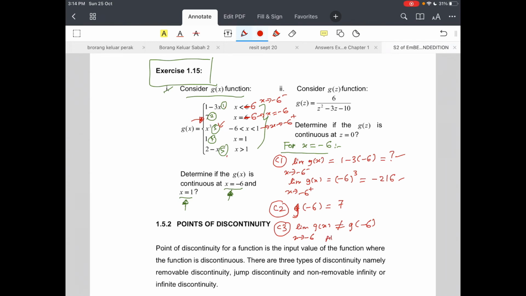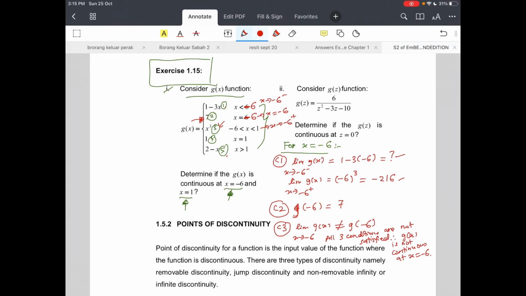Therefore we can say all three conditions are not satisfied. Therefore g(x) is not continuous at x equals -6.